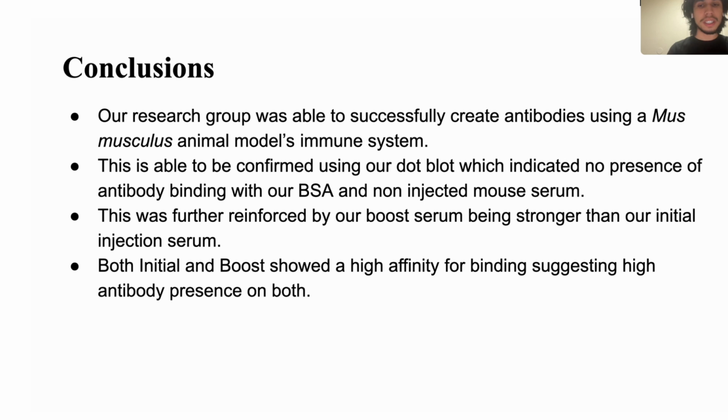And the results, while two of them did seem a bit more unclear, once you got to the other results, it was very, very obvious that we did have a strong production of our GFP antibodies.